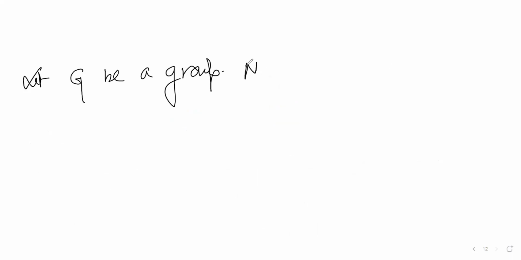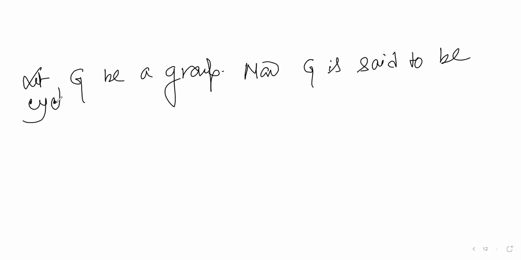Now, G is said to be cyclic if G is generated by a single element a, and there may be some relation satisfied by a.